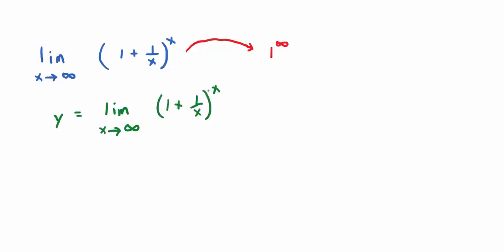And then the idea is, let's take the natural log of both sides and then take advantage of the power rule for logarithms, right? So if we take the natural log of both sides, we get this. On the left side, natural log of y. On the right side, the natural log of the limit as x goes to infinity of 1 plus 1 over x to the x.